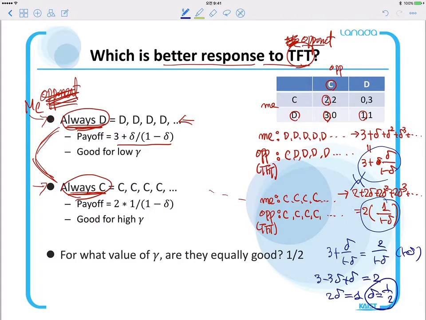Now if delta is higher than 1 over 2, then this becomes larger. Oh no, sorry, the other way around. When delta is smaller than 1 over 2, the always-D payoff is larger, which means that always choosing D is good for low delta, but always choosing C is good for higher delta.